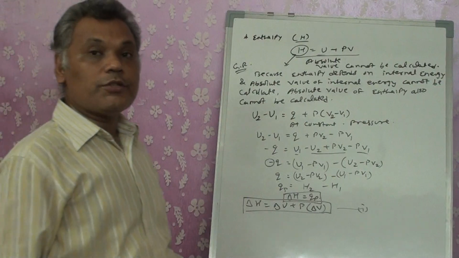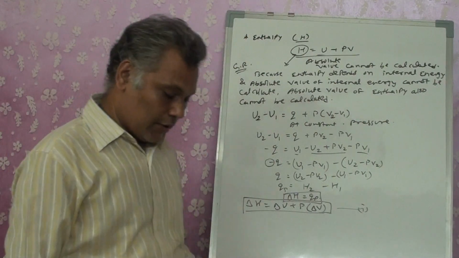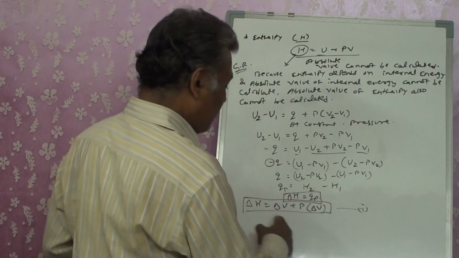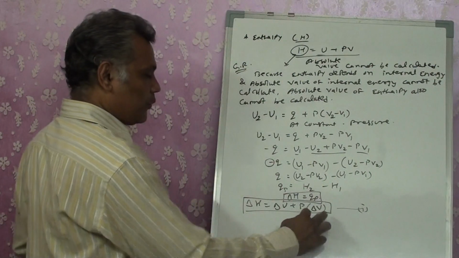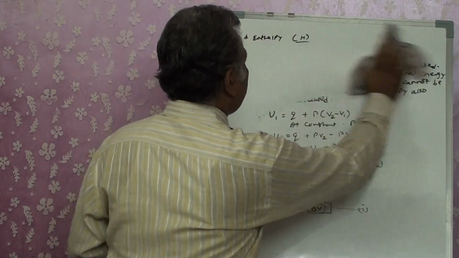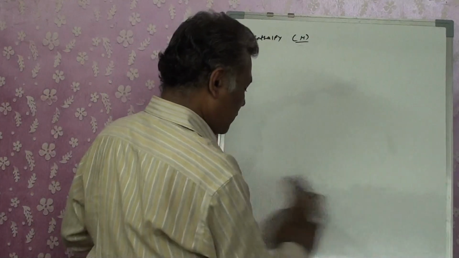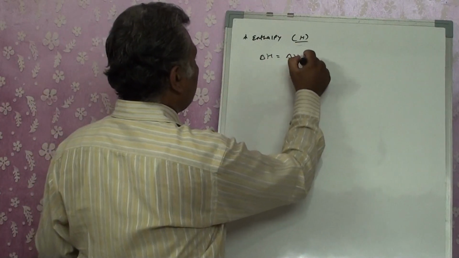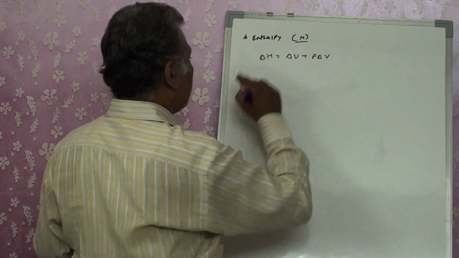We are keeping the pressure constant during the reaction. Okay, now the second step: what is P delta V? Delta H equals delta U plus P delta V.